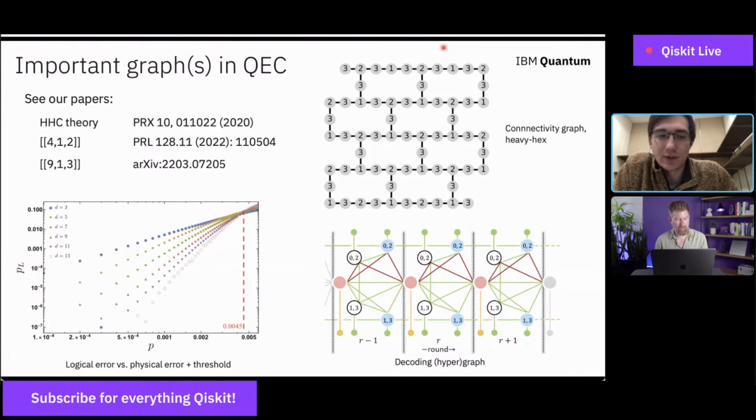If you're just before you're measuring out the information, then you don't actually care about Z errors, right? So quantum error correction can be used to suppress just one type of error and leave the other. If you make the surface code asymmetric, so you make it a rectangular code instead, or you can do the same with the heavy hex, then you can preferentially suppress one type of error and leave the other.